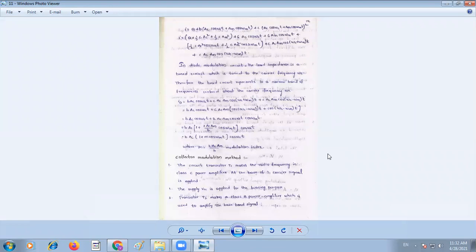So the total power is equal to carrier power plus power of the USB plus power of the LSB.